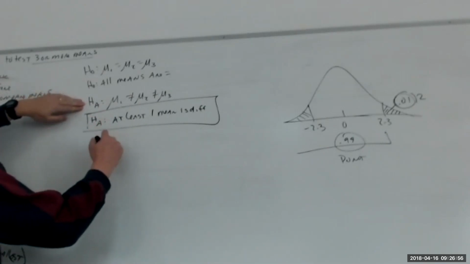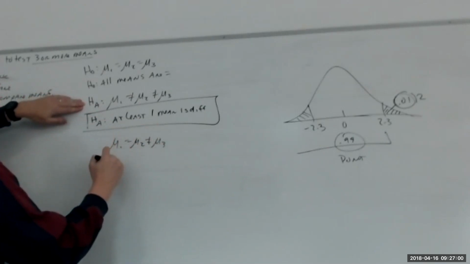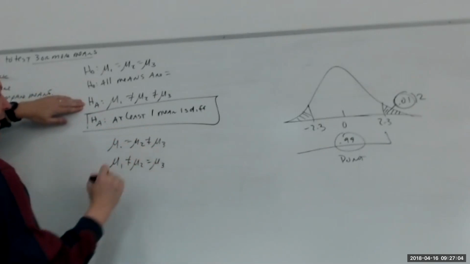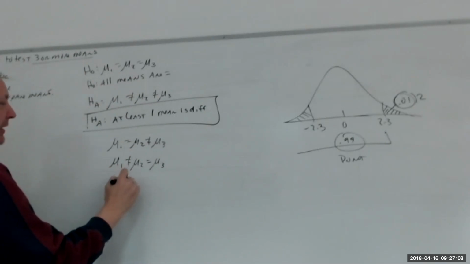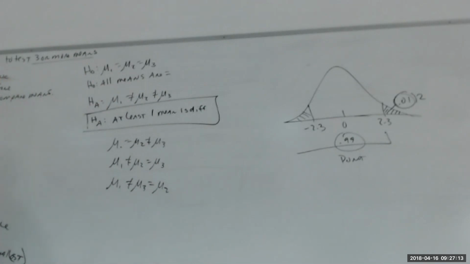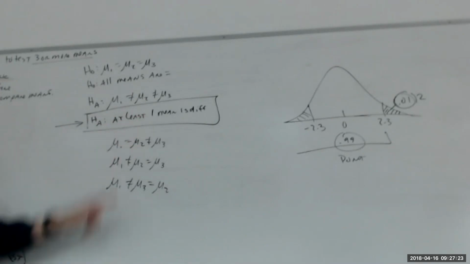It could be that mu1 equals mu2, but that does not equal mu3. Or mu1 does not equal mu2, which equals mu3. Or mu1 doesn't equal mu3, but does equal mu2. There are so many different things going on here. That's why, for your alternative hypothesis, we're just saying at least one of the means is different. I don't want to list out every possible combination here.